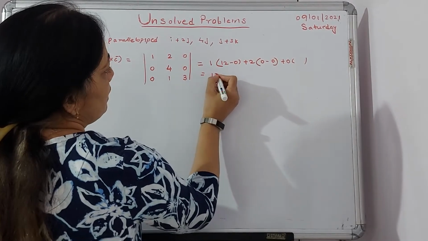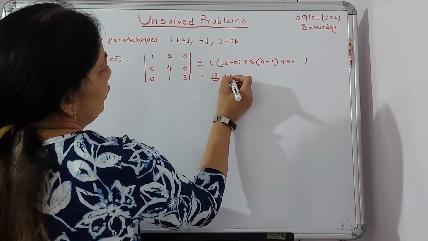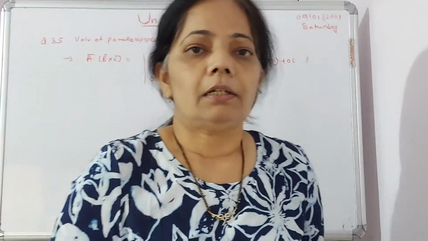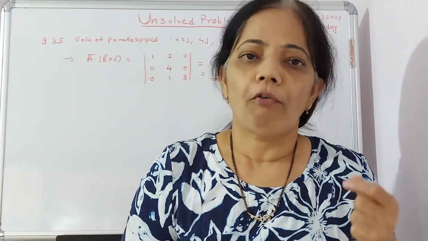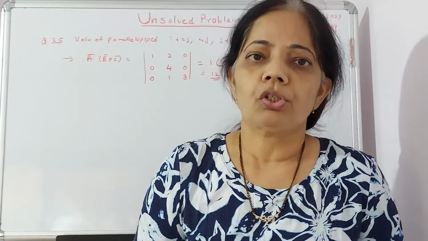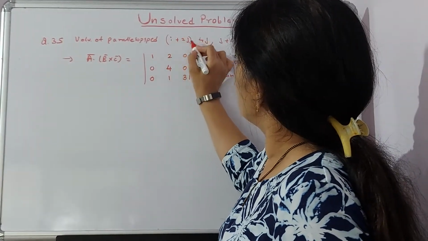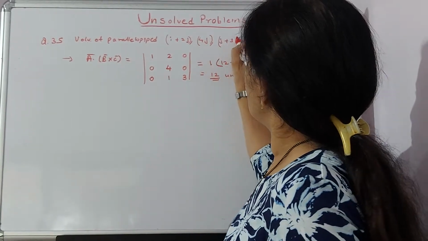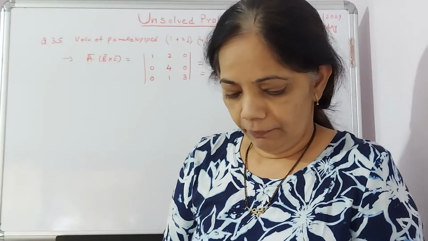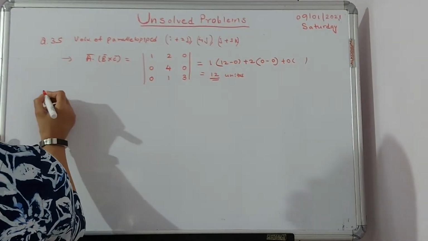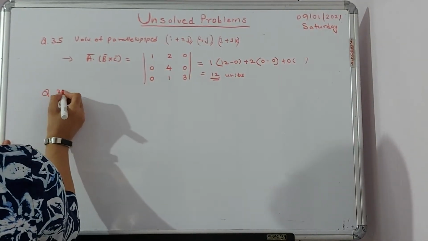So which means the answer is 12 units. This is the answer for the volume of the parallelepiped whose edges were given with these vectors i plus 2j, 4j and j plus 3k. Right? We'll move to the next problem, which is question number 31.